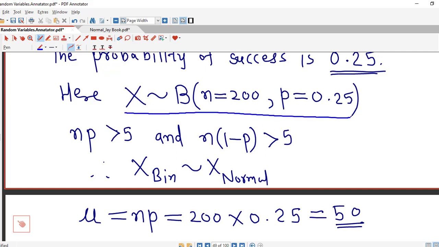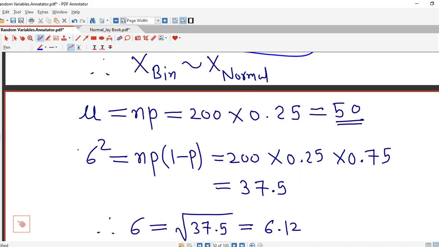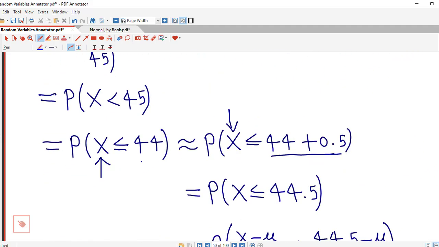if we go using the binomial distribution we have a large number of calculations, but because this condition is satisfied we are able to approximate the binomial distribution using the normal distribution with mu equal to np and variance equal to np(1 minus p).